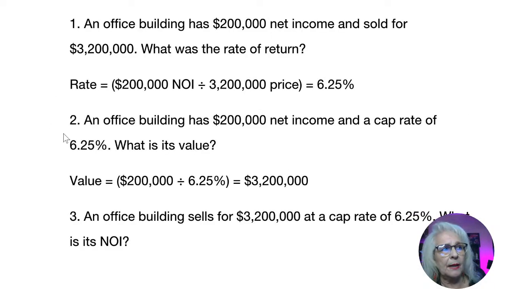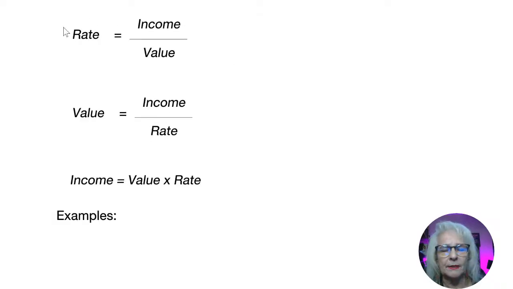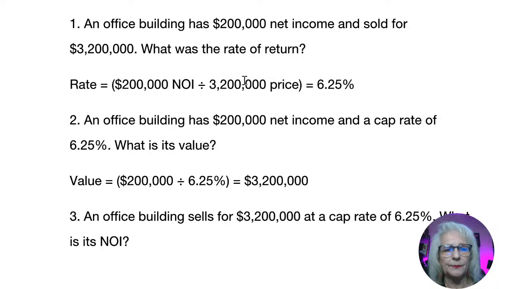So examples. An office building has 200,000 net income and sold for 3,200,000. What was the rate of return? We're looking for rate, so we're using that formula.